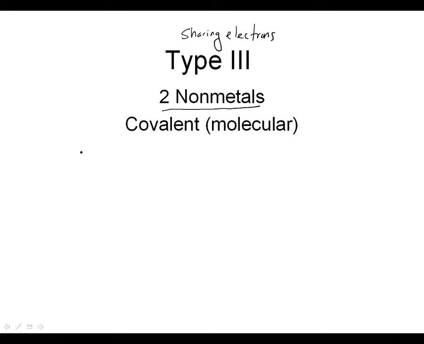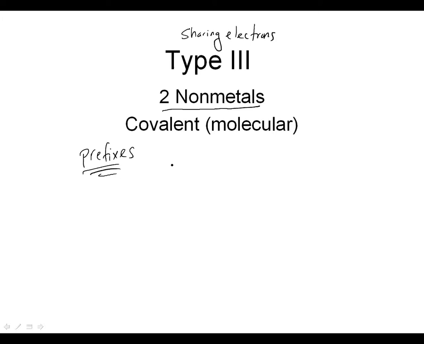This is actually the correct place to use prefixes when you name things. Again, you shouldn't use prefixes on anything in type 1 or type 2. You really shouldn't use prefixes with your polyatomic ions unless the polyatomic ion has a prefix in the name. But this is actually where you use it.